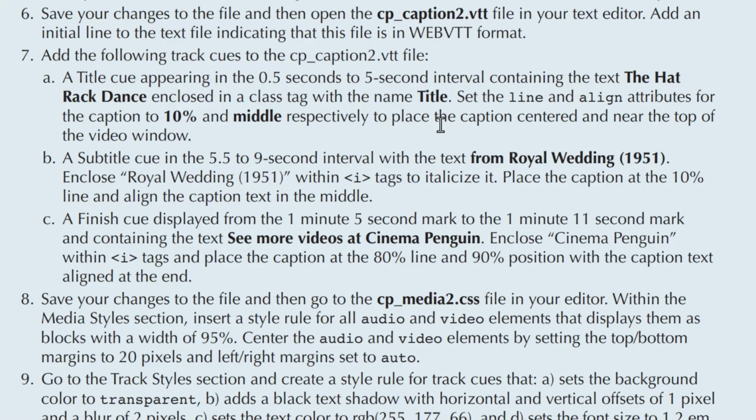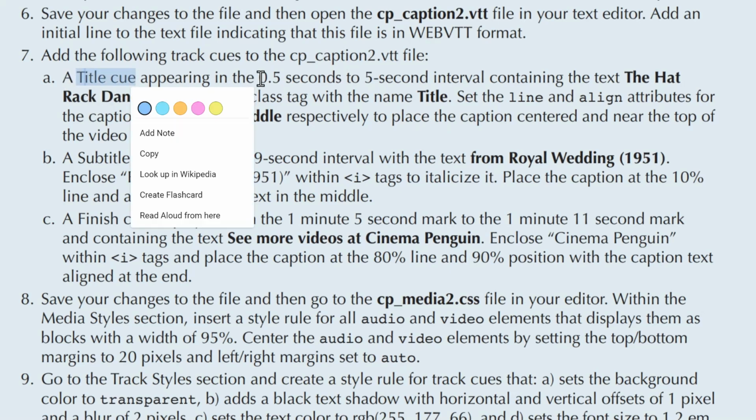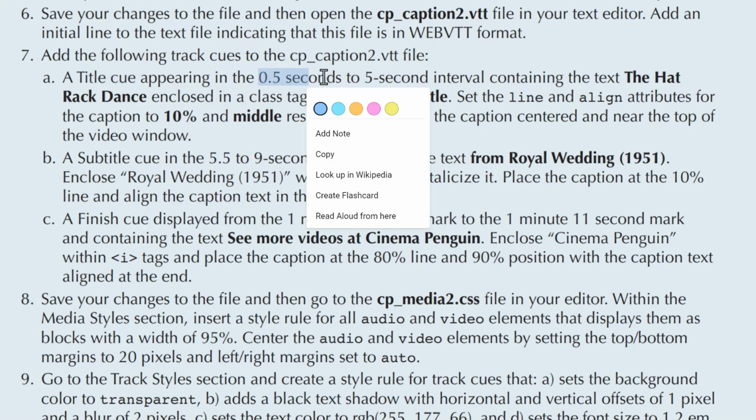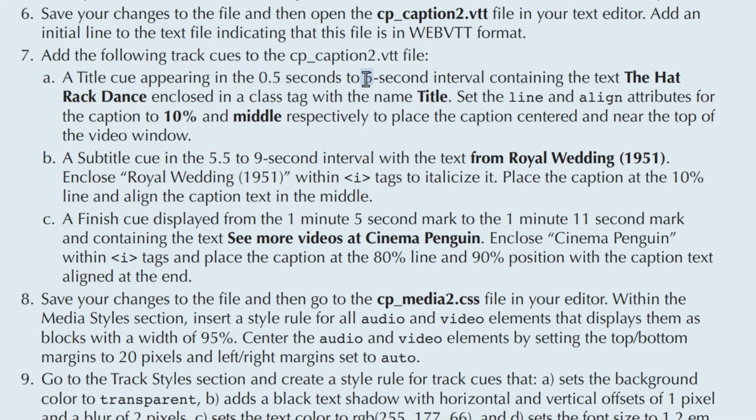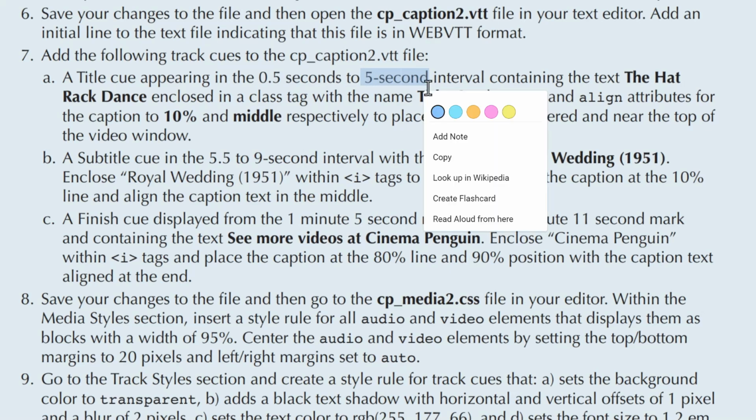Step 7 now, we're going to add the following track cues into this VTT file. We'll have a title cue that appears at 1/2 second in and runs till the 5-second mark within the video. So that's the interval. It'll contain the text, the hat rack dance.